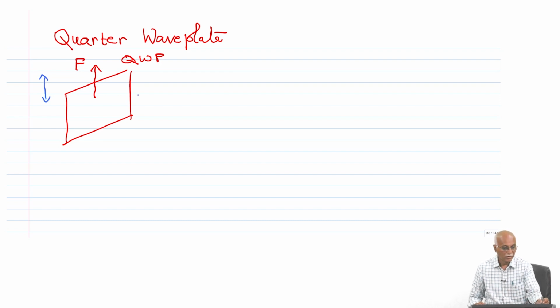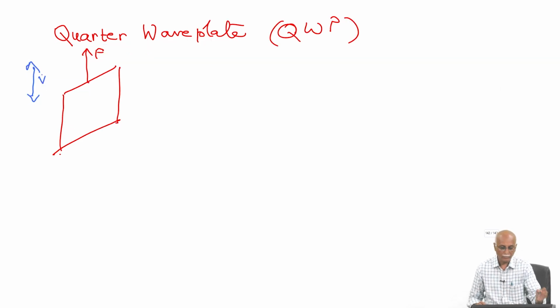So, this is vertically polarized light. When it travels through this quarter wave plate material, the quarter wave plate has been designated with a fast axis and slow axis.